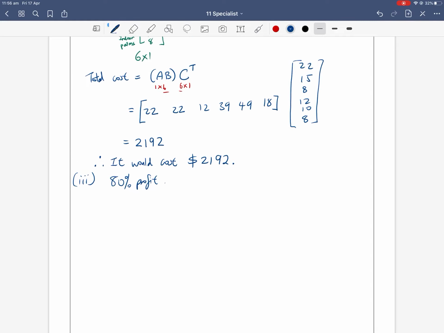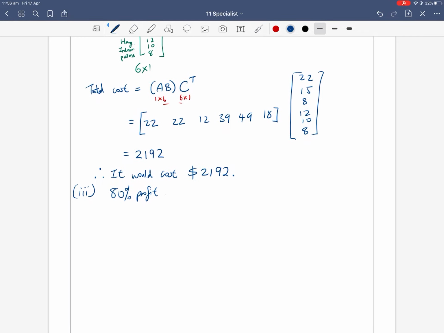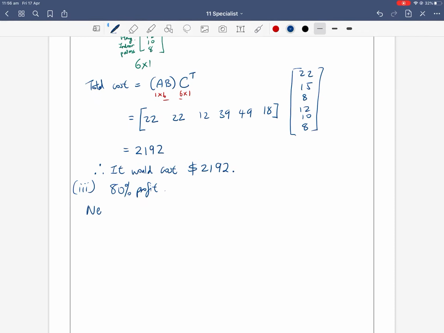Profit means we need to increase the price, right? So rather than just charging each fern $22, each camellia $15, etc., we need to increase that price by 80%. So new cost is equal to 1.8 lots of C, because that's the new cost.